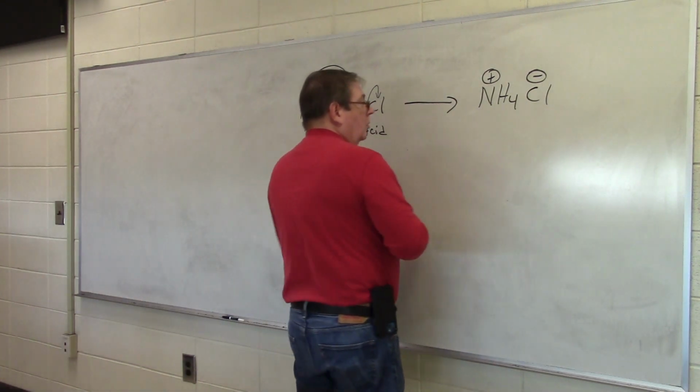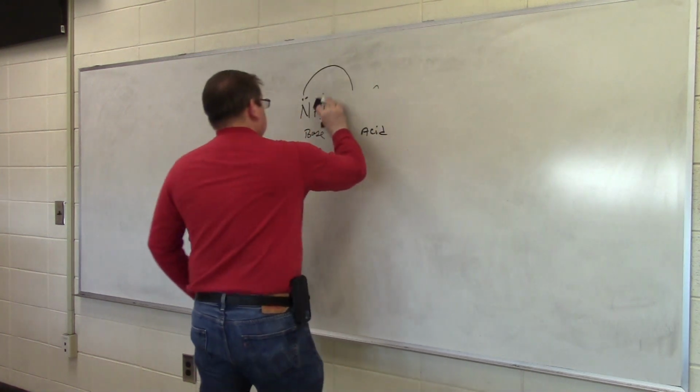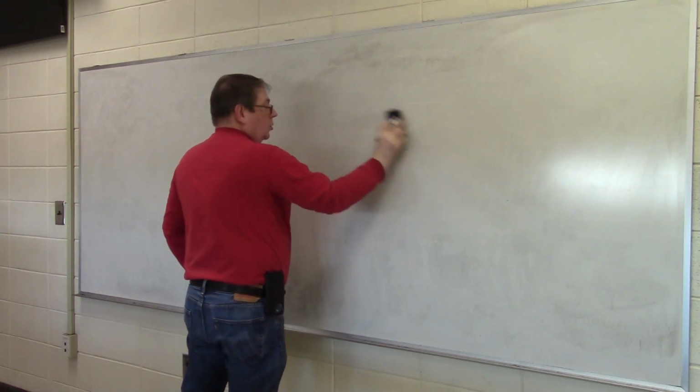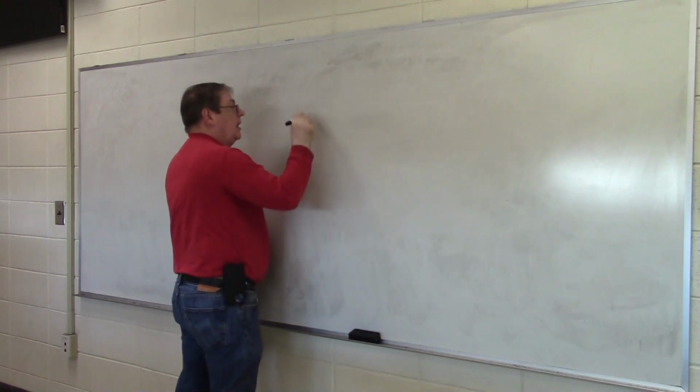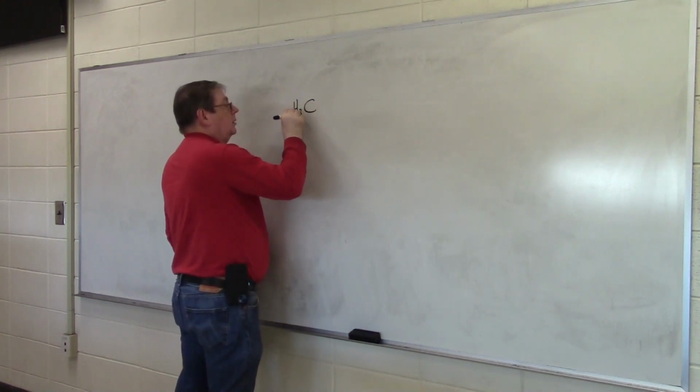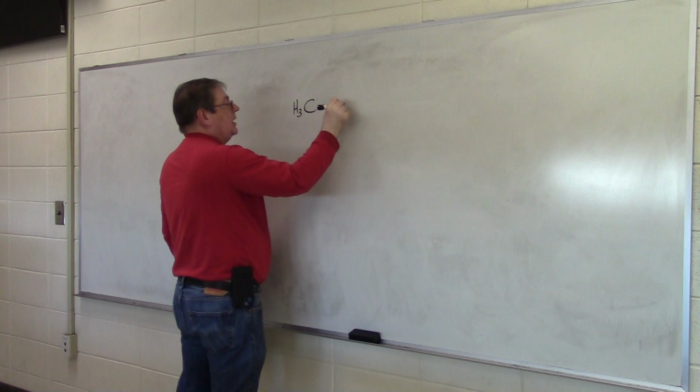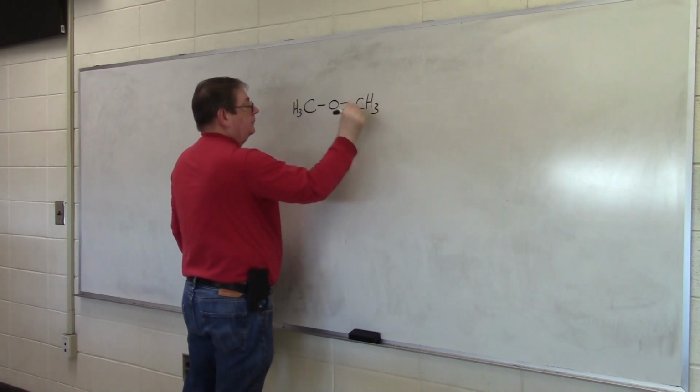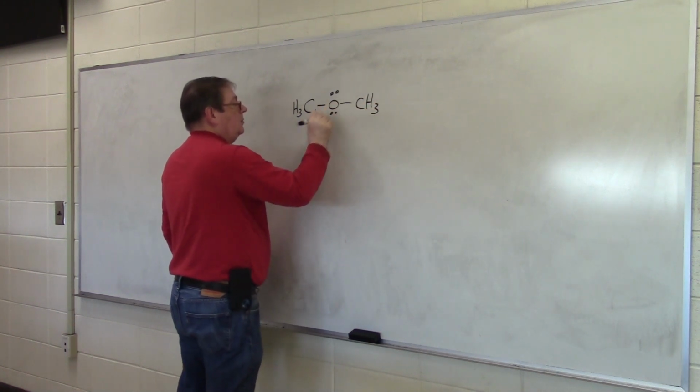Sure. So let me give you another example. Let's suppose we're going to react methanol. Well, let's make it dimethyl ether. This is a real reaction. Don't worry about the name yet.